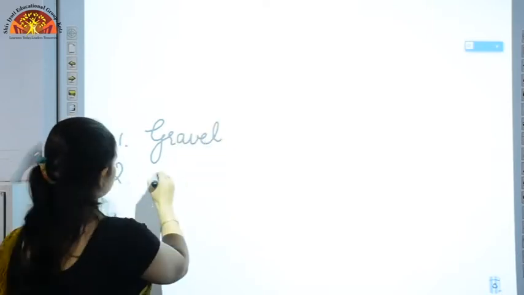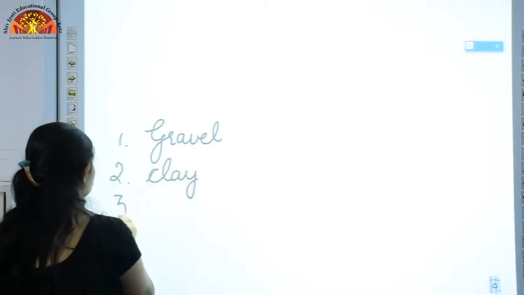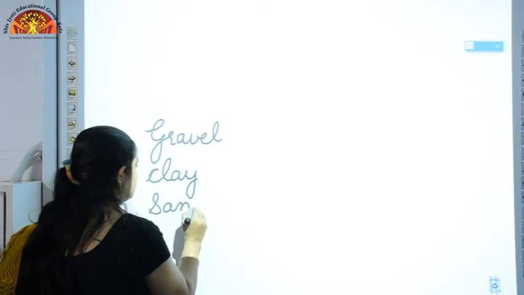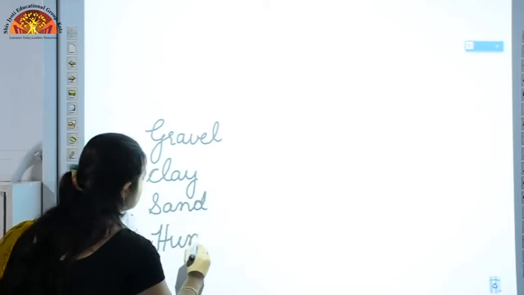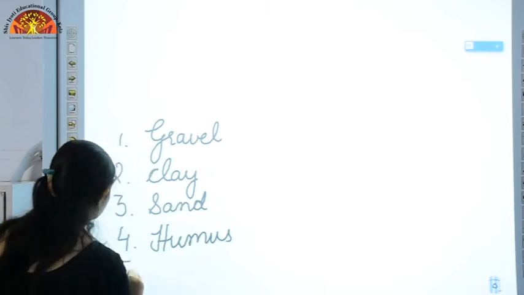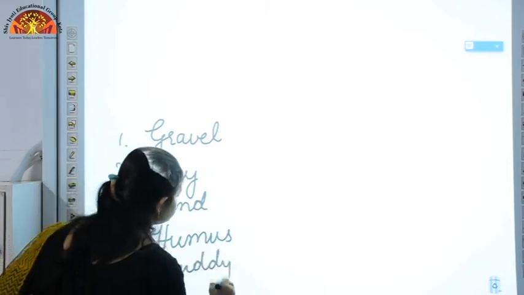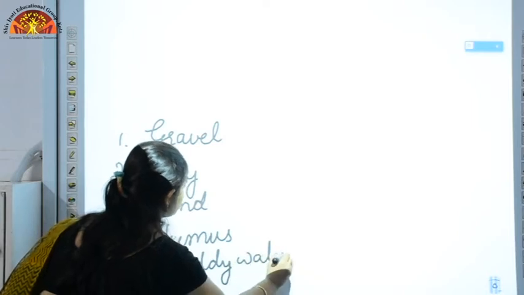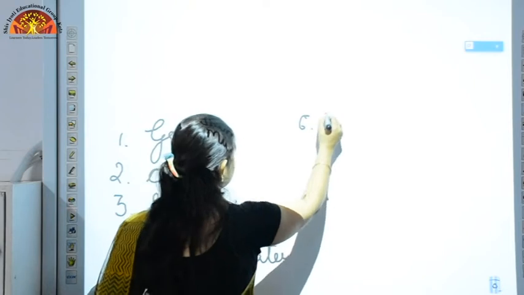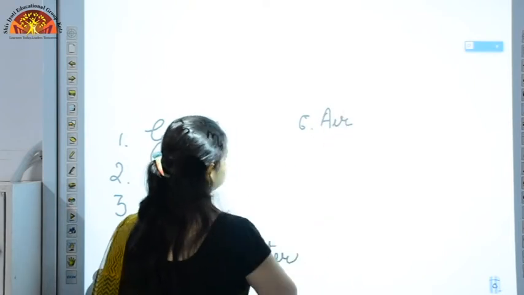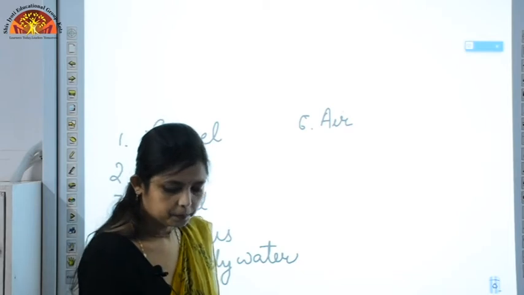Besides gravel, it also contains clay particles, sand particles, humus, muddy water, and it also contains air. So, these are some of the things which are present in soil.